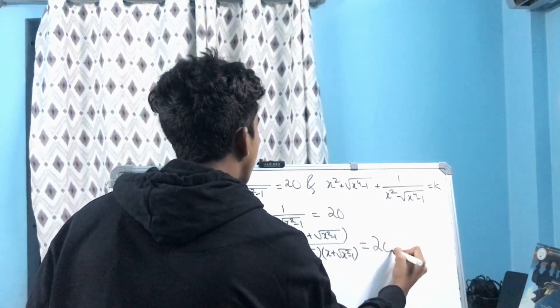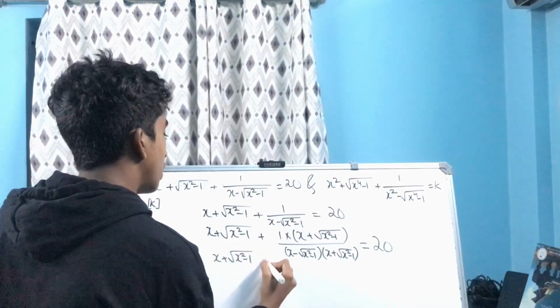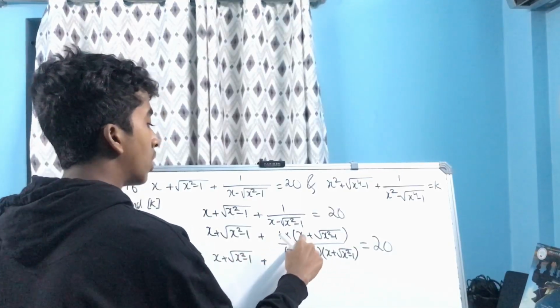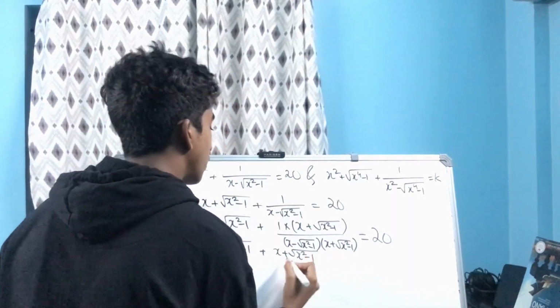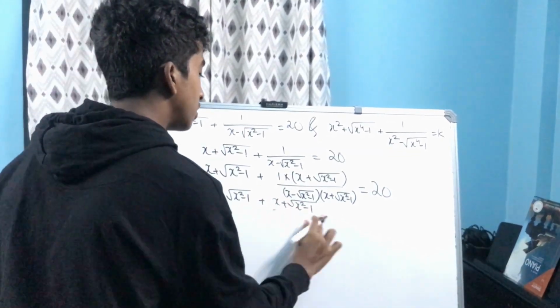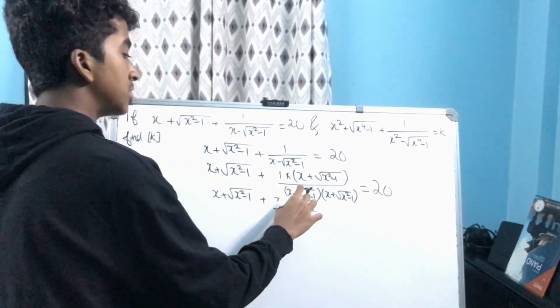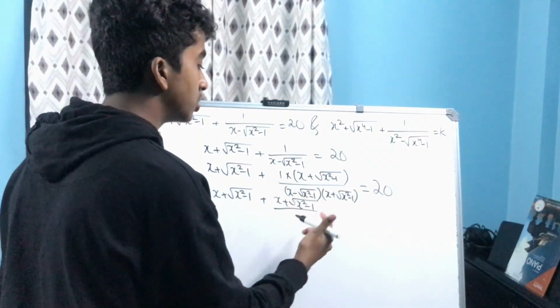This is equal to 20. Now x plus square root of x squared minus 1 plus the numerator we have 1 times this, which is just x plus square root of x squared minus 1. The denominator we have an expression in the form of a minus b times a plus b. This is of course equal to a squared minus b squared.